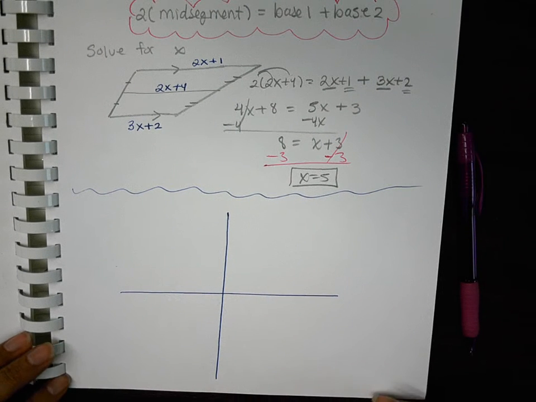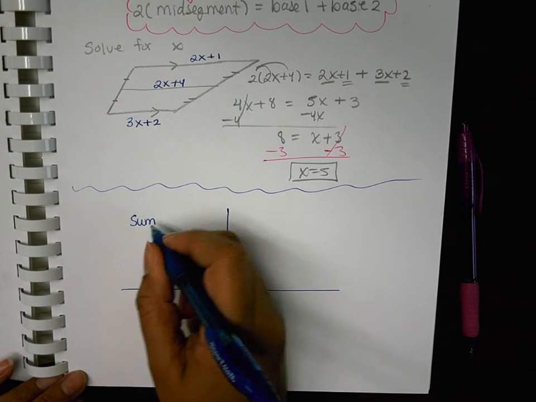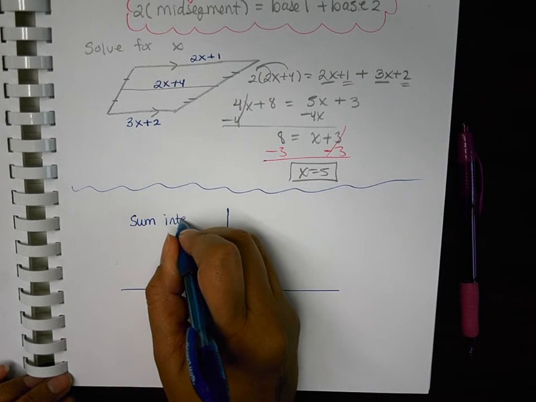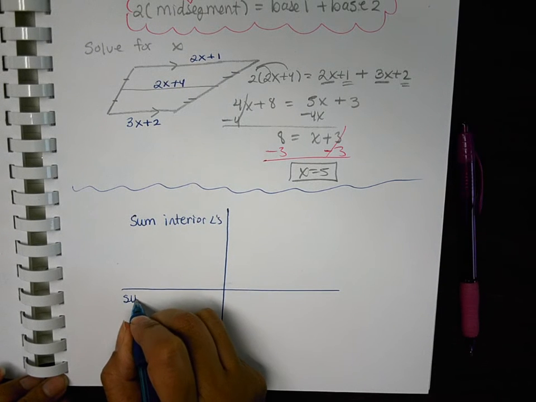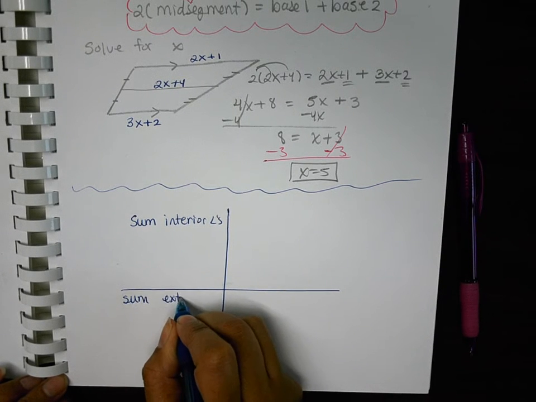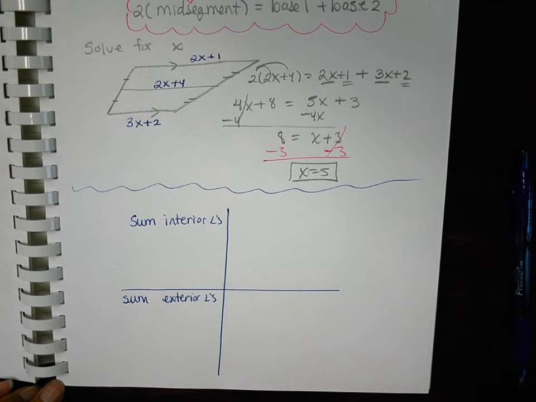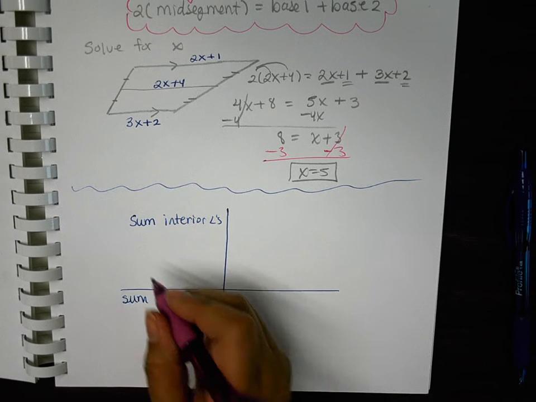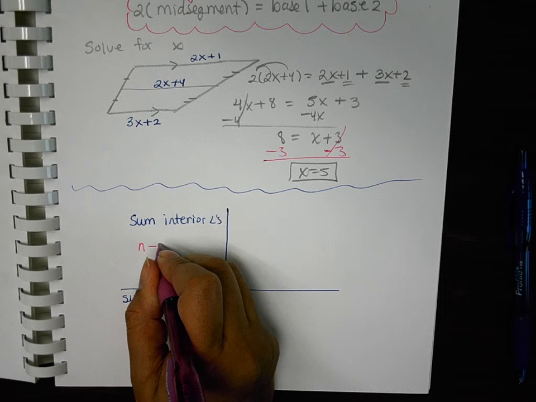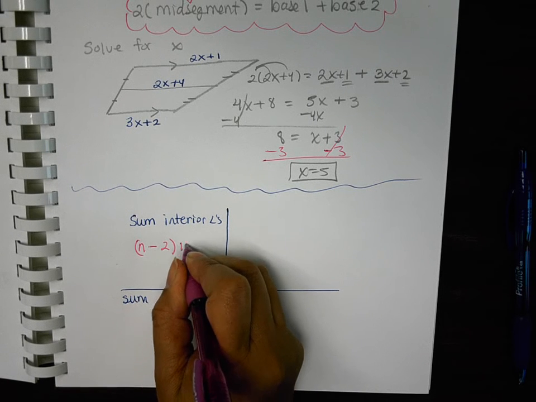Sum of the interior angles, sum of the exterior angles. Does anybody remember the interior formula? It was n minus 2 times 180. All right, you need to know it.